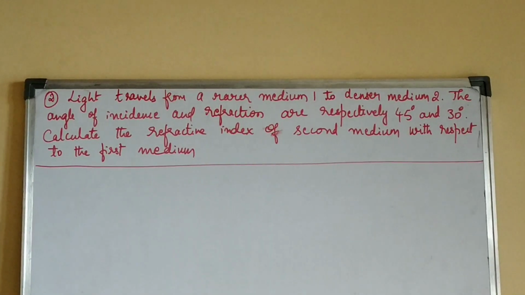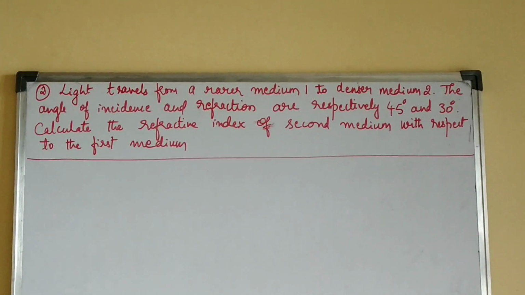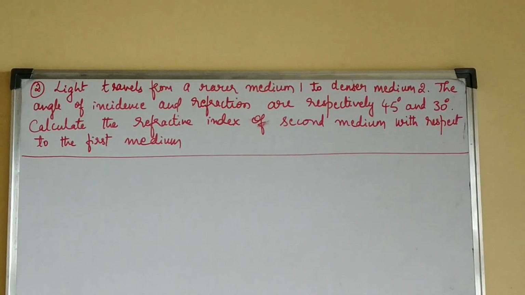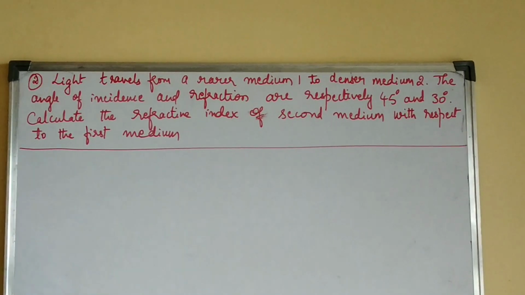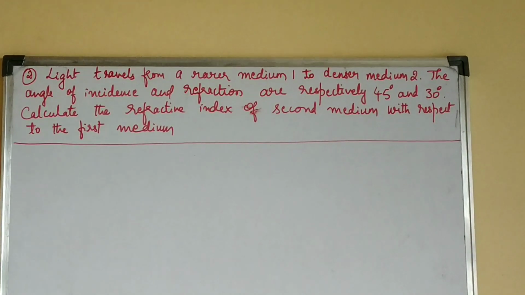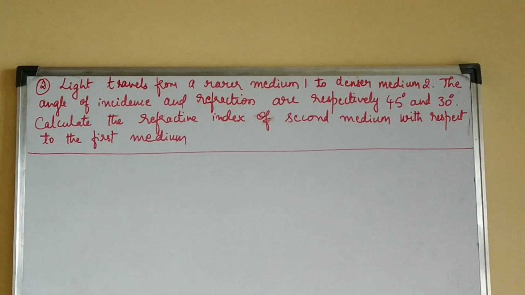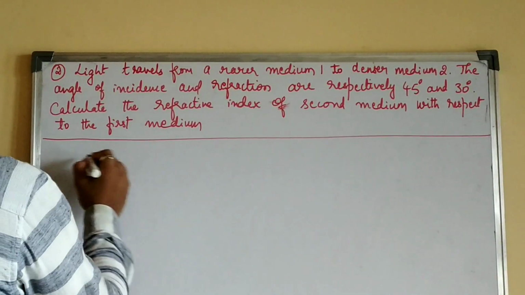Calculate the refractive index of the second medium with respect to the first medium. So when you have been given the angle of incidence and angle of refraction, and to find out the relative refractive index, or the refractive index of the denser medium with respect to the rarer medium, obviously you have to go for Snell's law, right? So this is based on Snell's law.